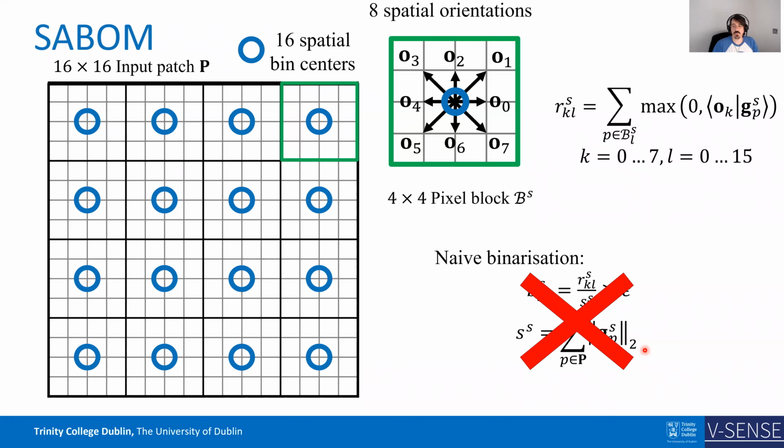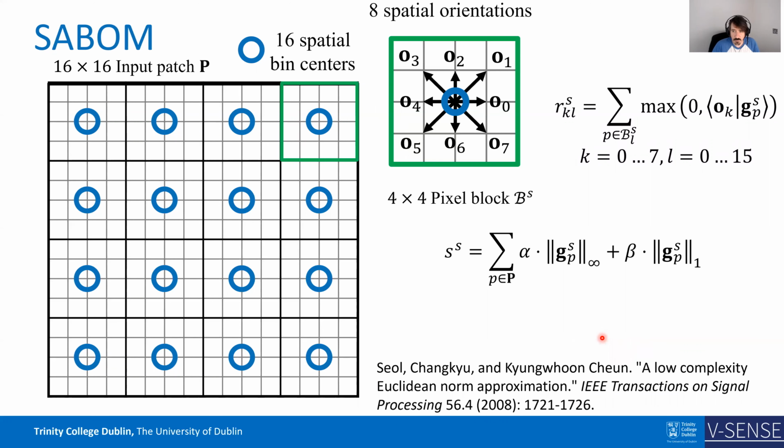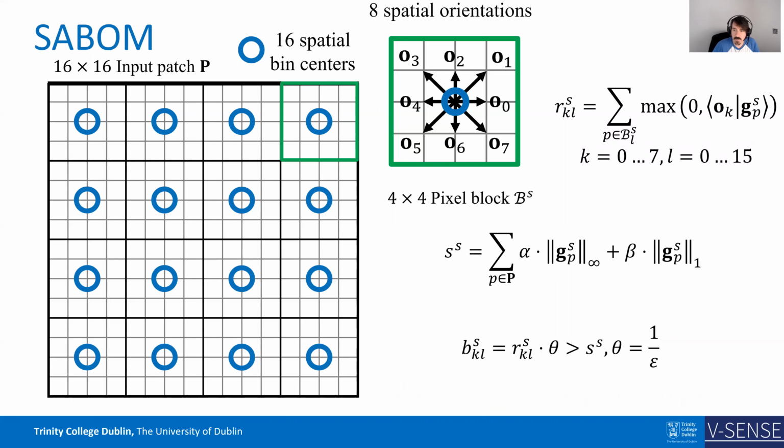But we can actually improve the efficiency of this computation in several ways. First, if we look at the normalization factor, we can use an approximation of the L2 norm as a weighted sum of the infinite norm and the L1 norm, which are much faster to compute. And for the binarization step, we can also speed up the computation by rearranging the terms of the equation.